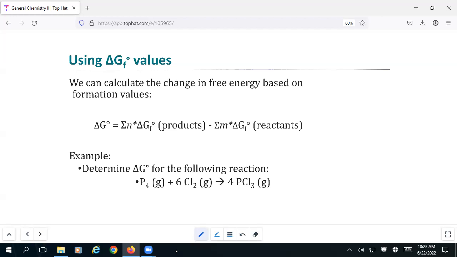As an example, let's go ahead and do this reaction here. P4 and chlorine making PCl3. So P4 in the gas phase has a free energy of formation of 24.44 kilojoules per mole.